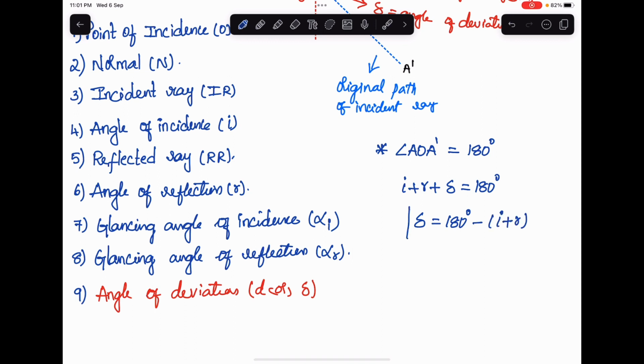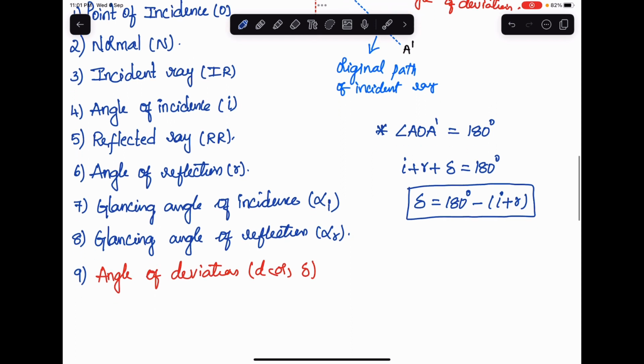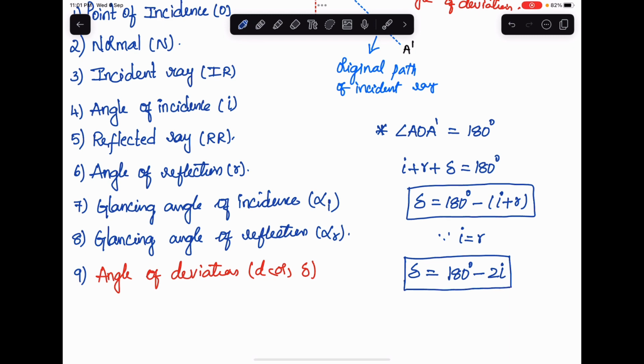But we already know that according to the laws of reflection, the angle of incidence is equal to the angle of reflection. Since i is equal to r, the angle of deviation can be written as 180 degrees minus 2 times the angle of incidence.